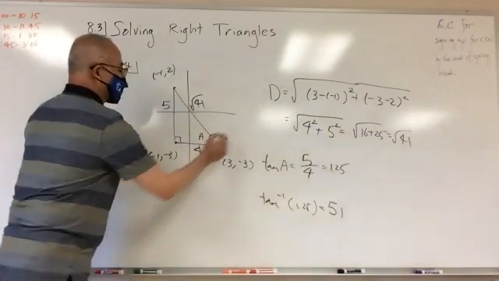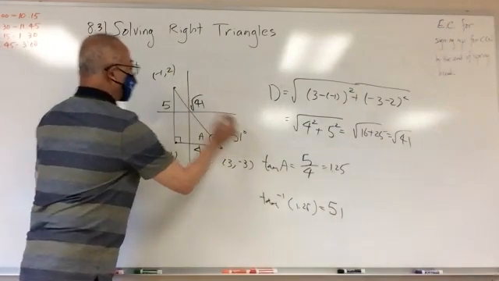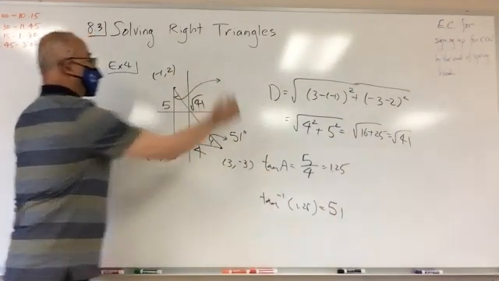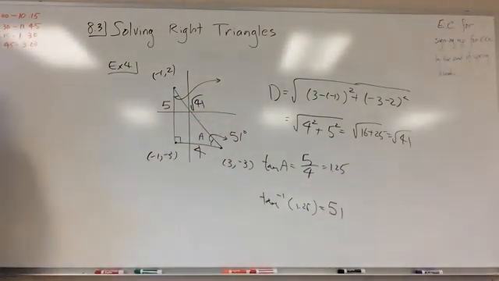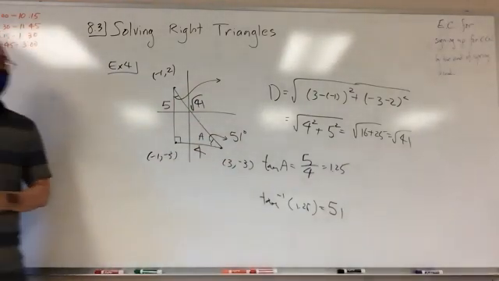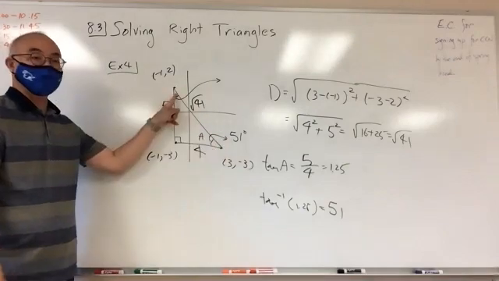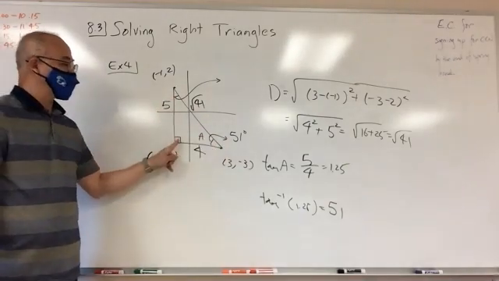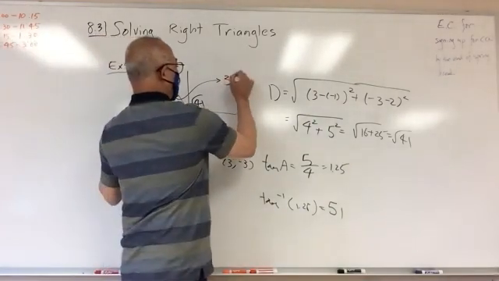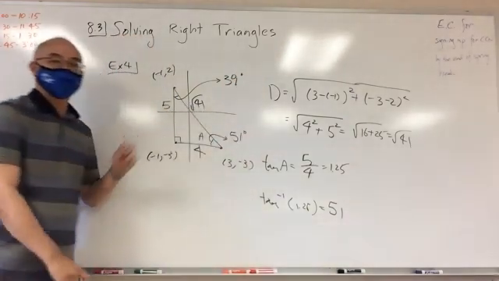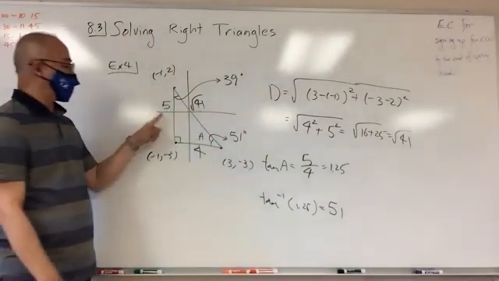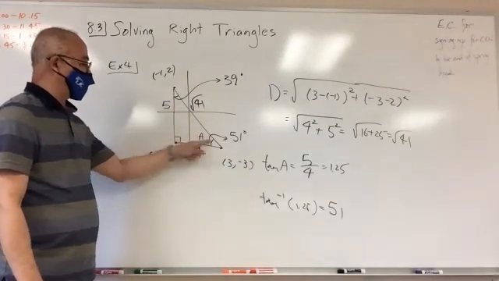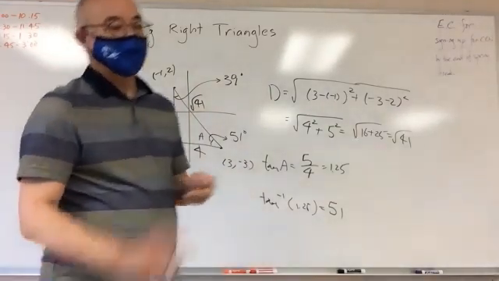So this is 51 degrees, which means that this guy here is what? 39, right? This plus this has to be 90 degrees because this is 90 degrees. So we solved everything. We've got all 3 sides. We've got all 3 angles. Okay.